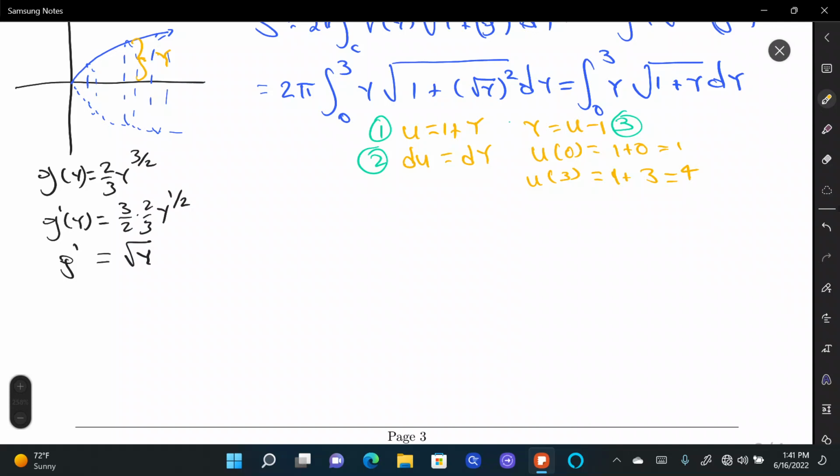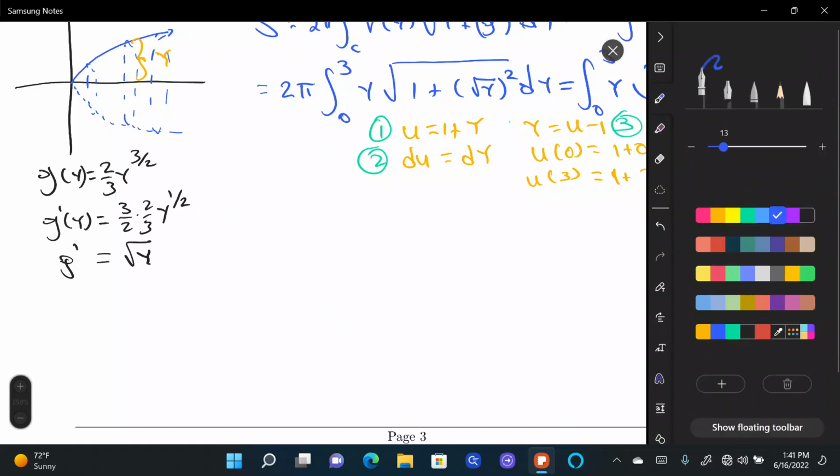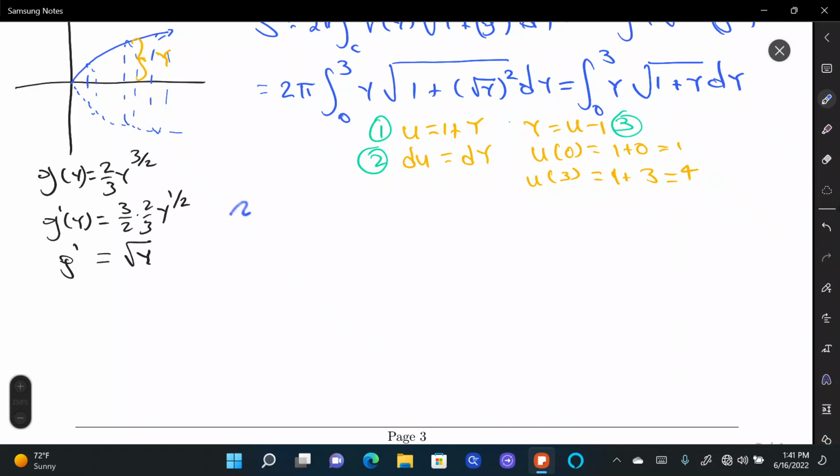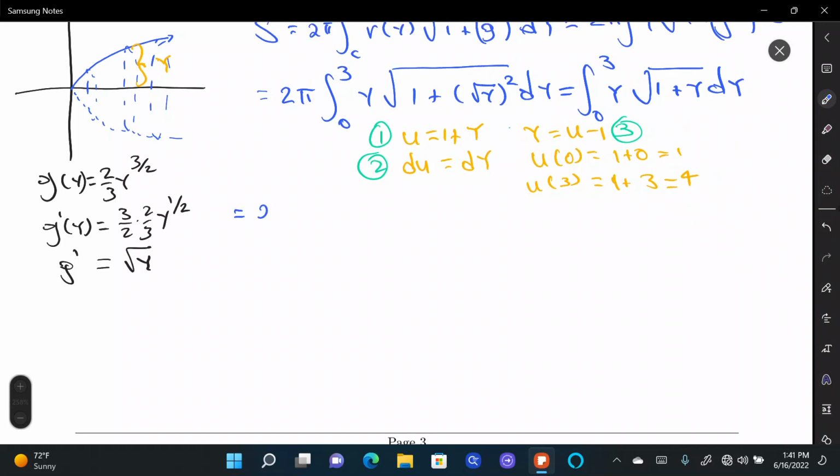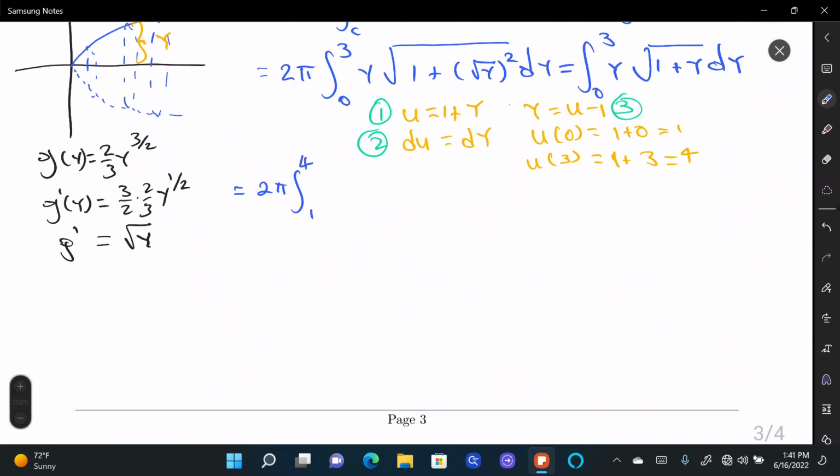Okay, so let's do the U sub. So that's a 2 pi integral from 1 to 4. Our y became u minus 1 times the square root of u. Since we're altering the equation, do we have to change the boundaries? It's recommended, but it's optional.